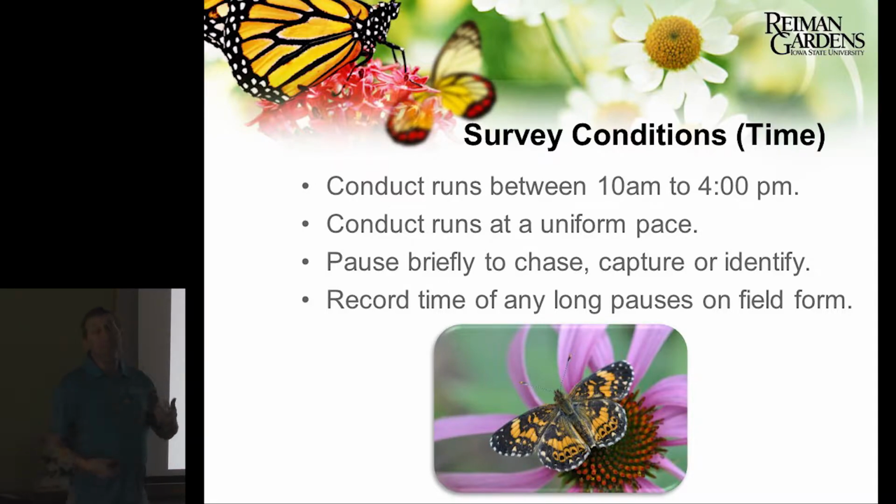And again, that just lets us have a uniform time so that we can lay out observations over time or observations over time and distance. Both ways that we look at how much work is done, how many butterflies are seen. And so again, on your field form, just make notes, and that can be entered right into Pollard Base as well.